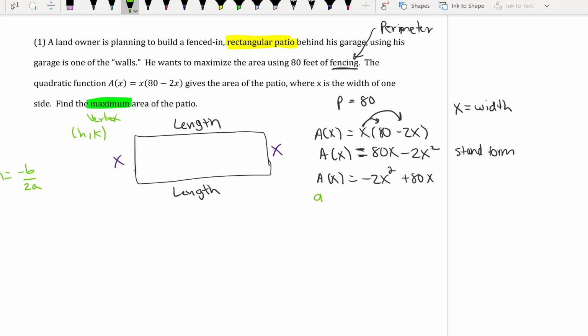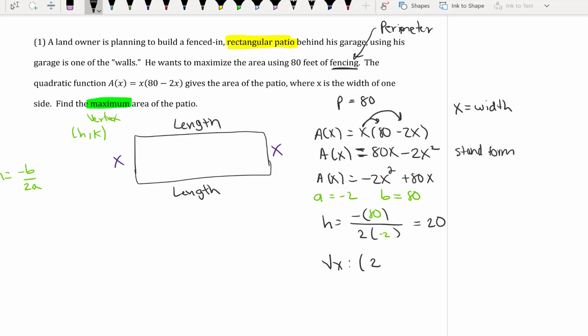Here my a value is negative 2 and my b value is positive 80. So I'm going to plug in 80 and negative 2. In the numerator I have negative 80, and down at the bottom, the denominator, I have negative 4. When I simplify my fraction, I get a positive 20.